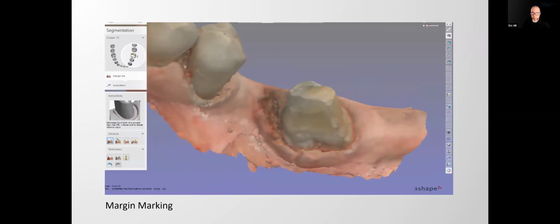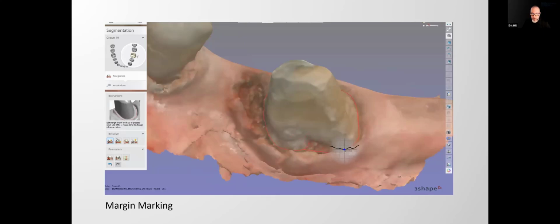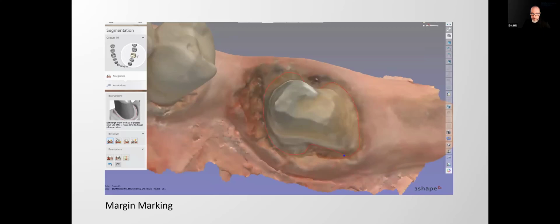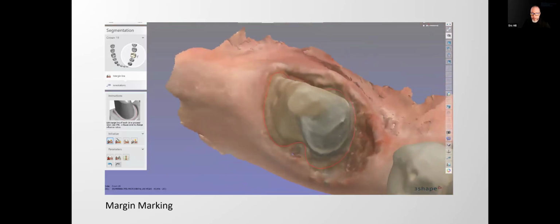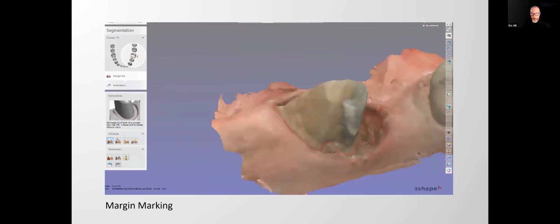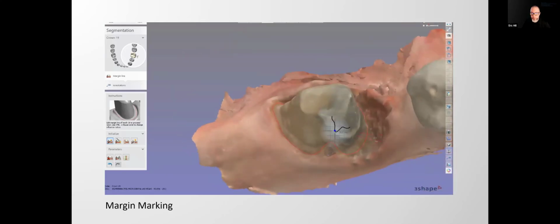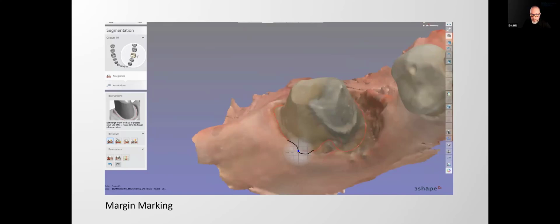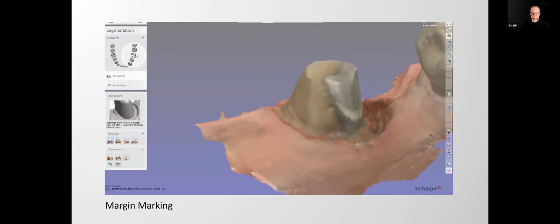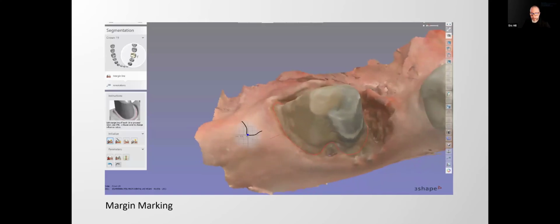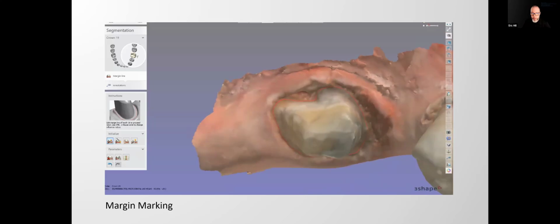While that's fine, and I certainly understand that, I would say that if you have to mark the margins yourself, I wouldn't necessarily do that unless there's something on there that you really want to point out. I say that because the lab has a far larger palette of tools to mark that margin than you might have on your side. They have special software like 3Shape or exocad that can really dial this stuff in, and they can use lots of tools to figure out exactly where that is.